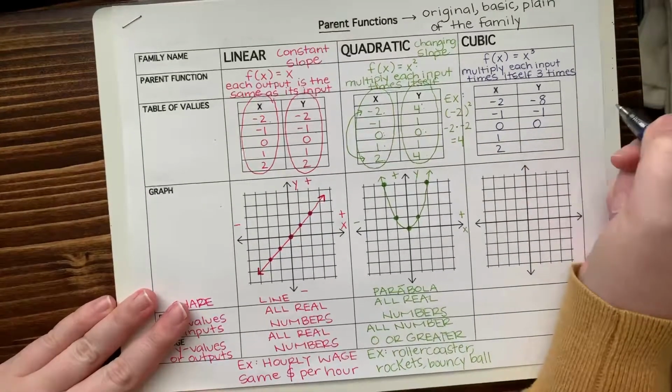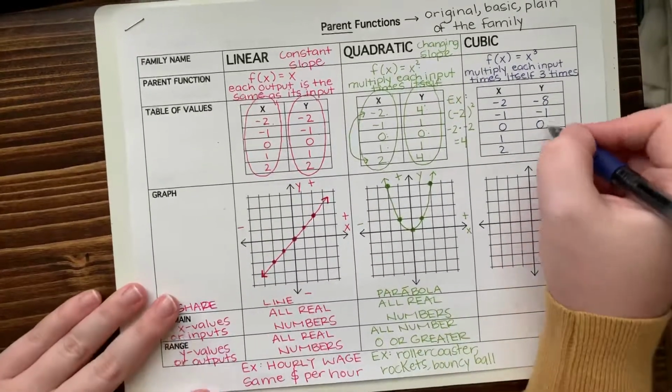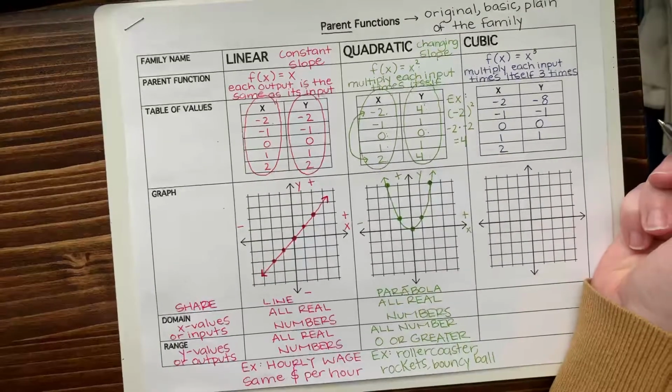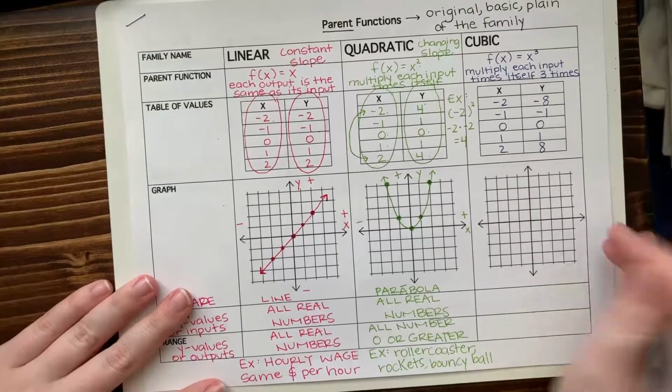So 0 cubed is 0. 1 cubed, 1 times 1 times 1 is 1. 2 cubed, 2 times 2 times 2 is going to be +8.